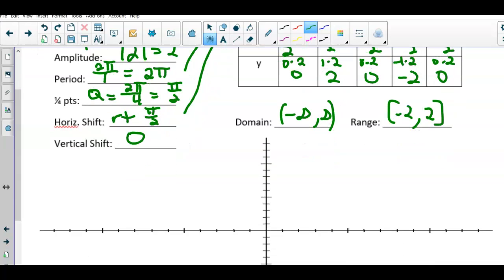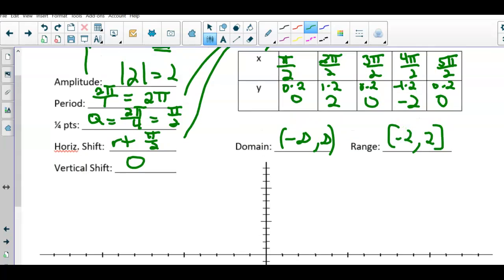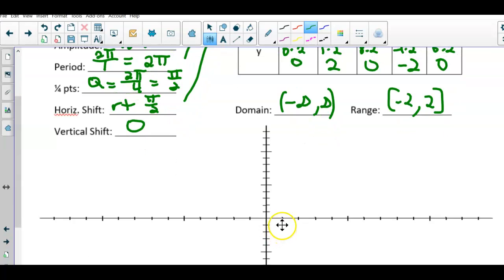So now I'm going to graph my 5 key points. So I'm going to start at pi over 2. Notice that these lines here along the x-axis don't have any values on them. I can make them whatever scale I want.